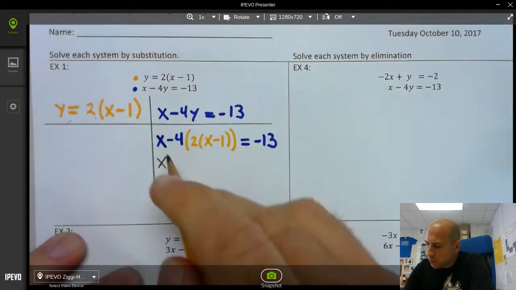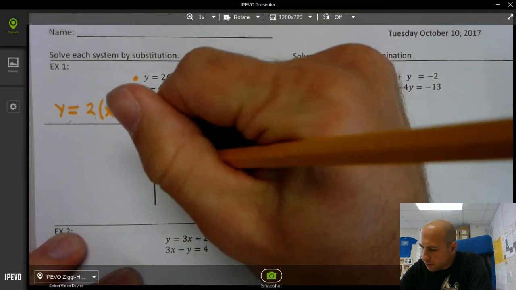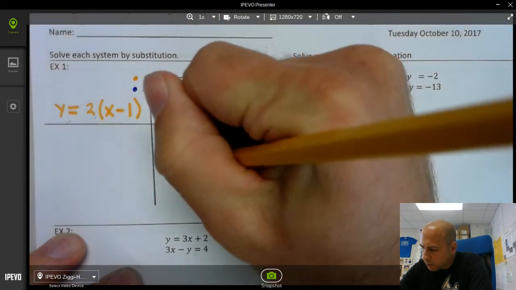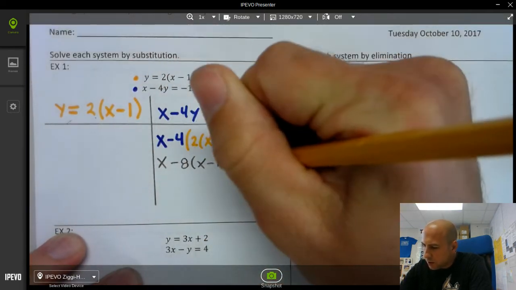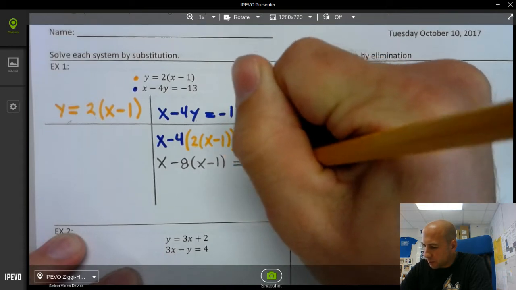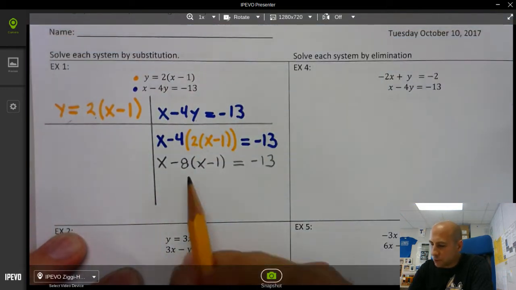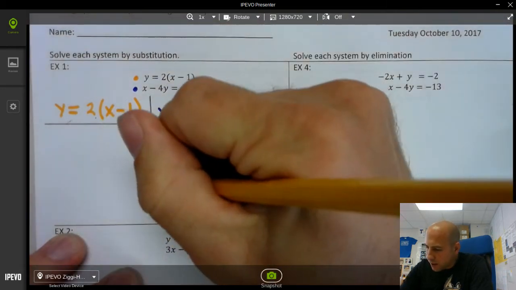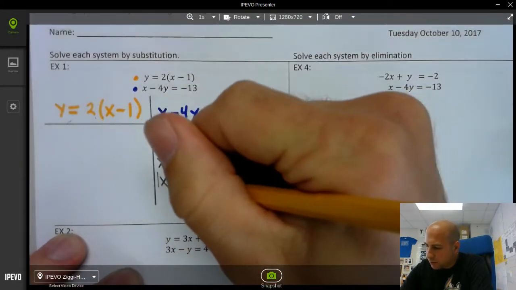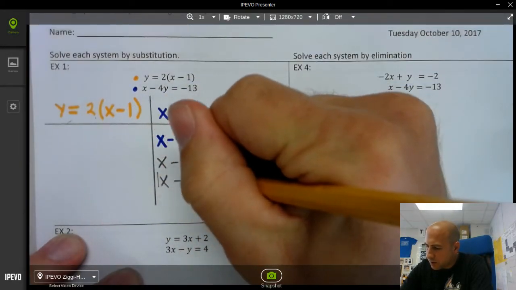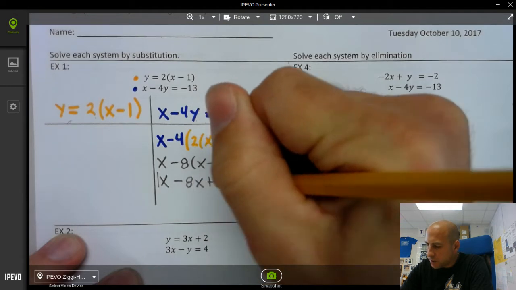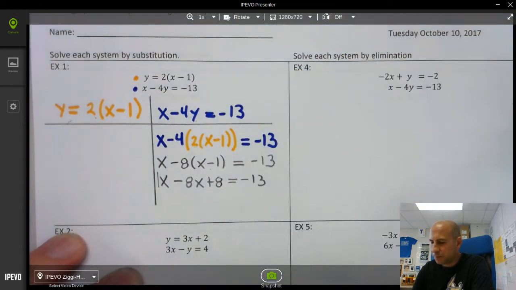So you get x, we distribute, so negative 4 times 2 is negative 8, parentheses x minus 1 equals negative 13. Now we distribute the negative 8, so you get 1x minus 8x plus 8 equals negative 13.